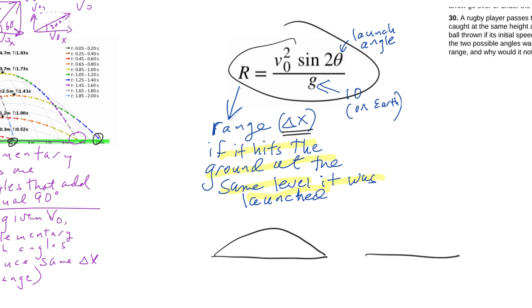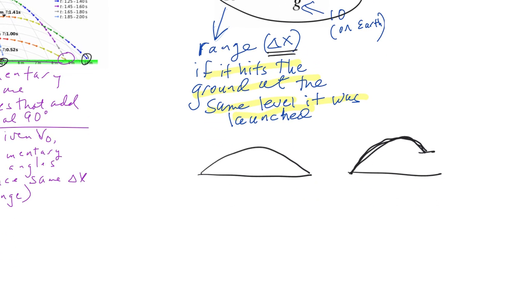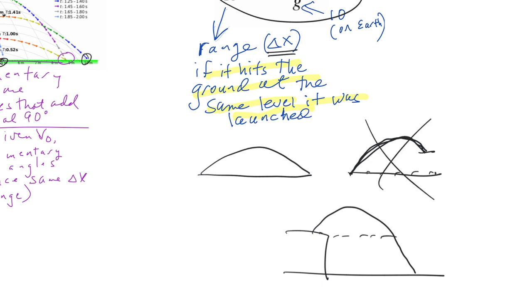If it goes like this and hits up here somewhere, like a basketball rim, you can't use that equation. Or if you shoot it off a cliff like this, because it didn't land at the same level, you can't use this range equation for those cases. You can only use it when the distance is measured over level ground.